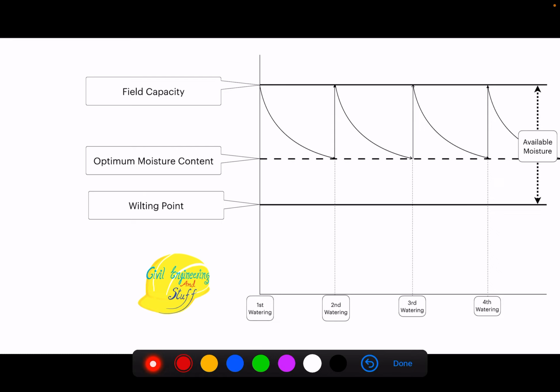Having knowledge of it helps us to understand the frequency of irrigation required for a particular soil with respect to the crop sown on it, so that the maximum yield of the crop or the maximum growth of the plant can be achieved. Okay, so I hope the lecture was clear to you.